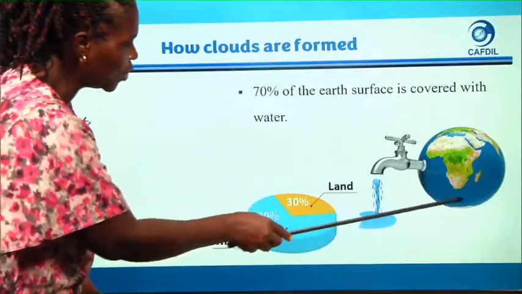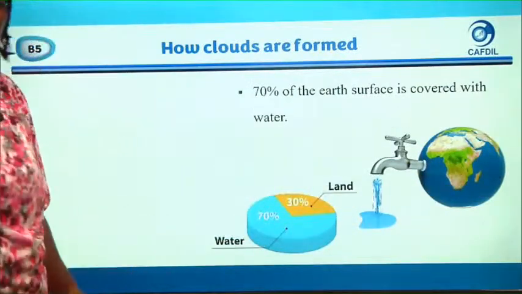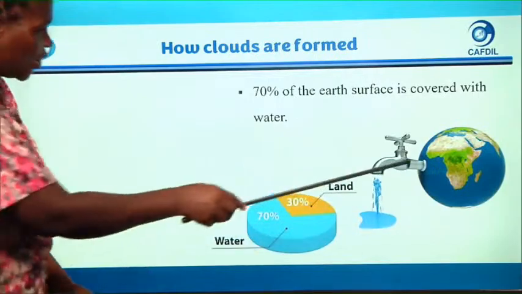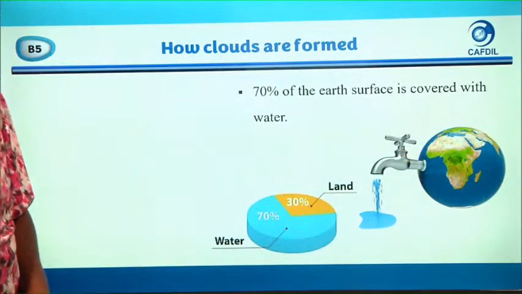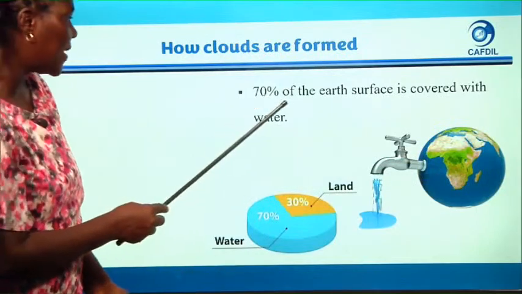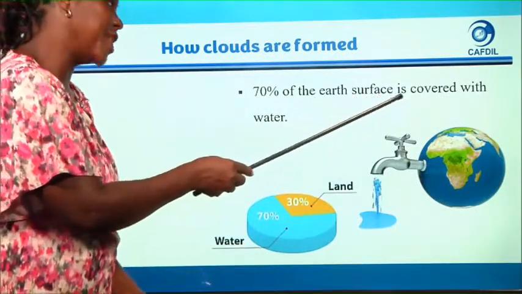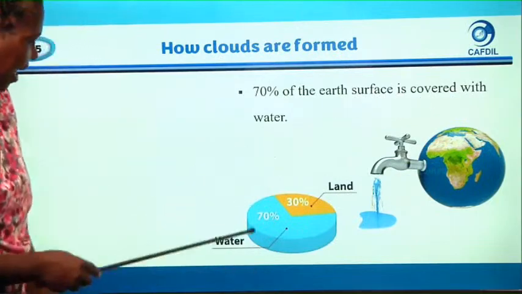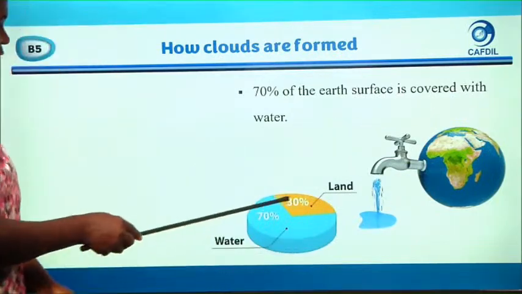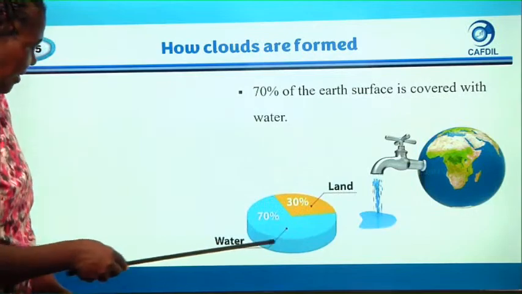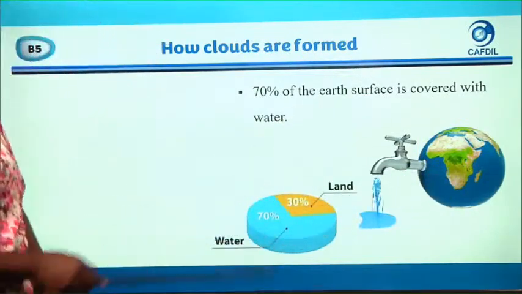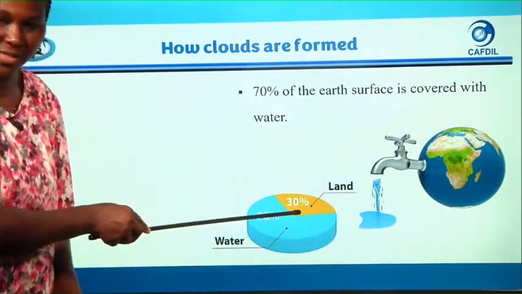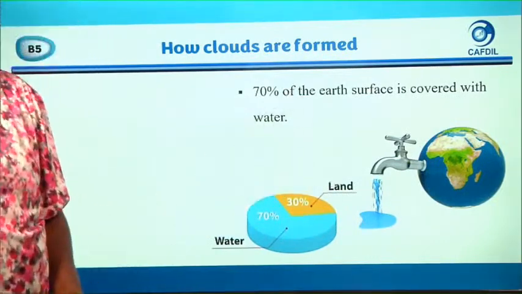You will see that the blue color is made up of water, and only this space is the land. The blue is the water, and the yellow one, 30%, is the land.